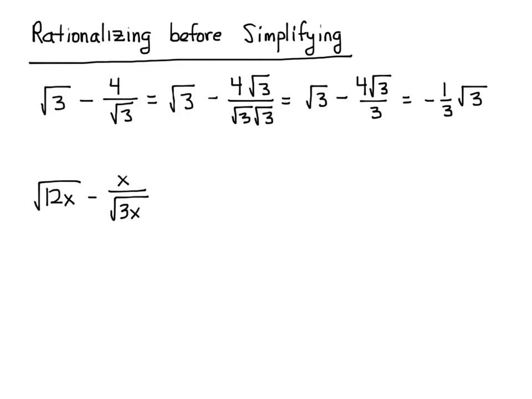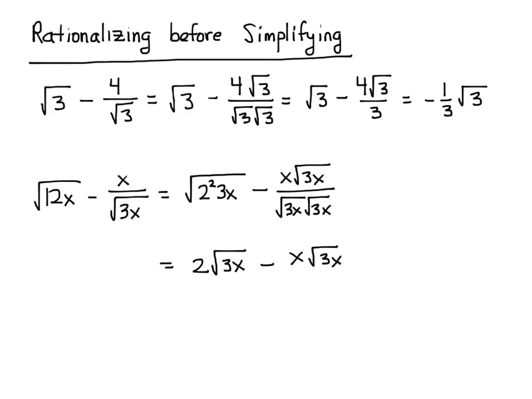If we have something like this where we have the square root of 3x in the denominator, we want to simplify the first one and rationalize the second radical. And so you can see what I did here was I factored the 12x to 2 squared 3, and then rationalizing the second radical, I'm multiplying it by the square root of 3x over the square root of 3x.